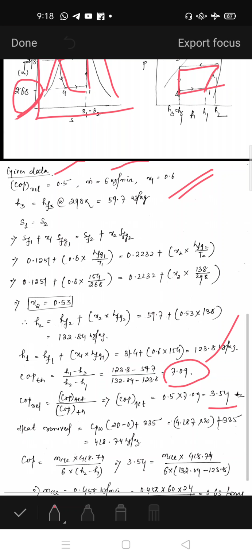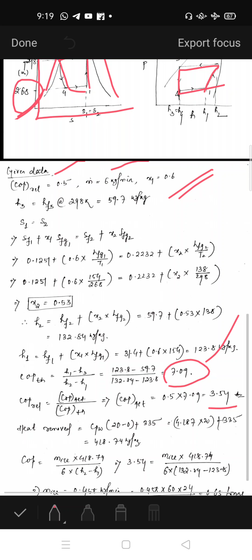And you know the COP formula, it is RE by W. If you multiply by the mass of ice produced in the numerator, it will be converted into refrigeration capacity, and in the denominator, if you multiply by the mass flow rate of the refrigerant, it will be converted into the power required to drive the compressor.